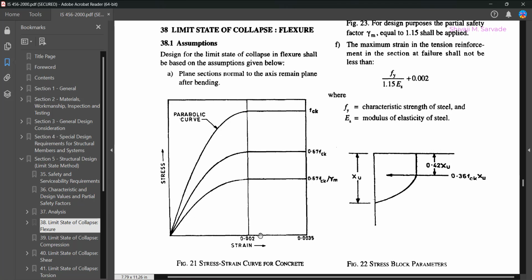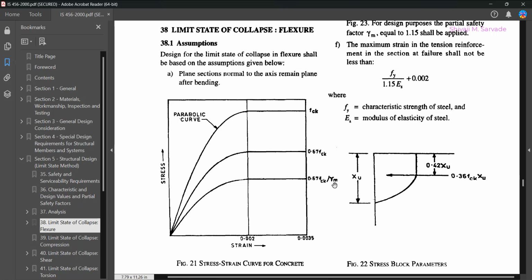This is one acceptable stress-strain variation given by the code. So here also we can see fck is the characteristic strength. We are told to use 0.67 times of that. Of course, there are many reasons for that, if you want to go into much more detail. And further, we are dividing this 0.67 fck by the factor of safety, which is 1.5.